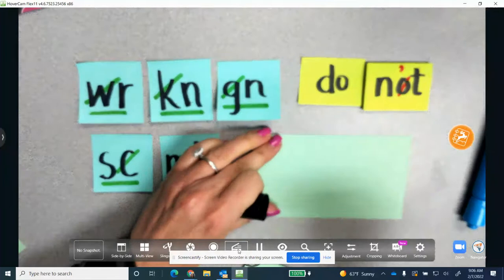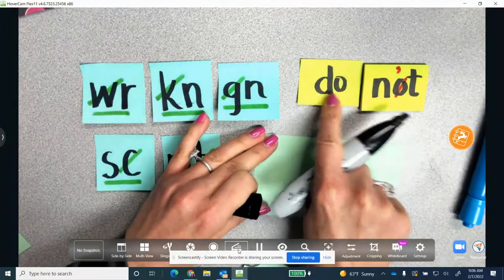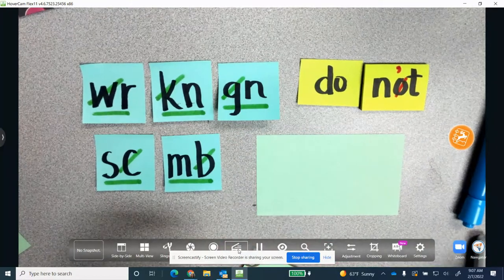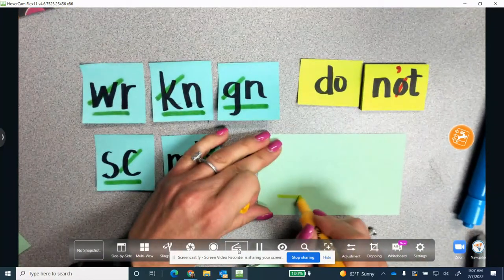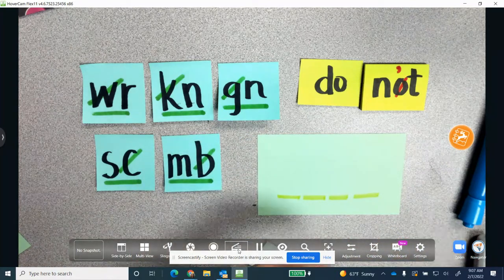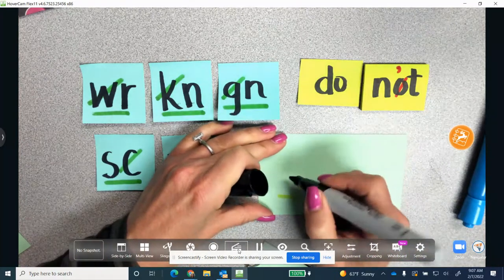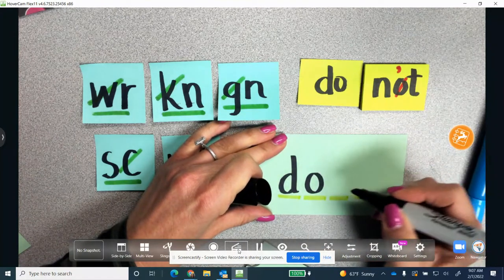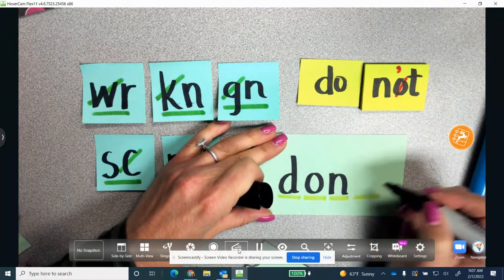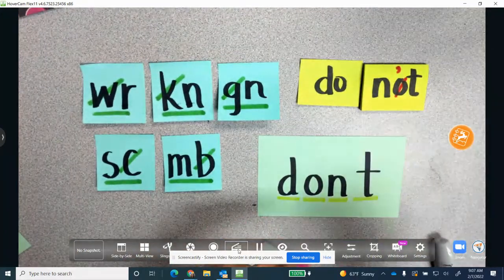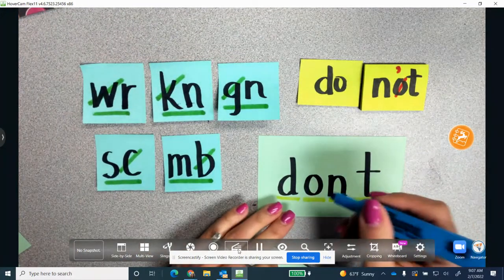So it goes from saying do not to don't. Ooh, I have to do our sounds. D, O, n, t, don't. And what do you notice about this vowel sound here?